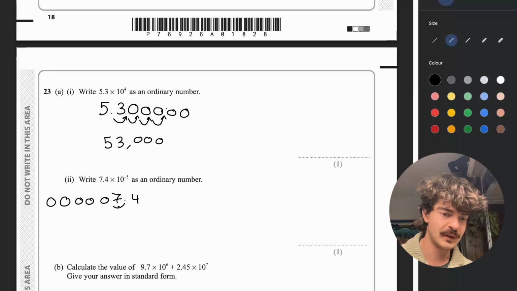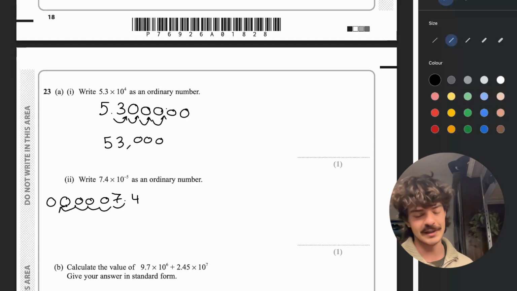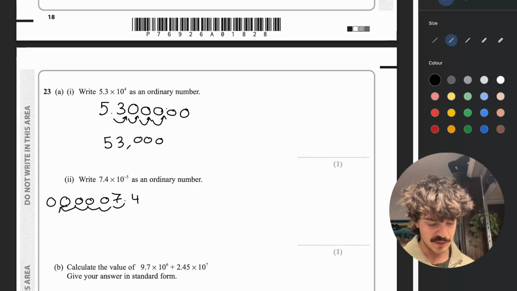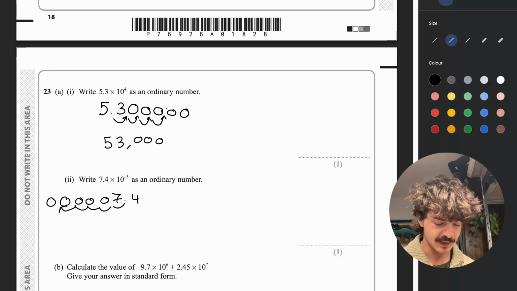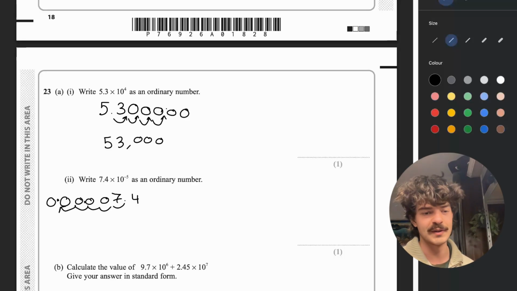So 1, 2, 3, 4, 5. There we go. Cool, and you can always check these on a calculator as well. 7.4 times 10 to the minus 5. Sometimes they might have an engineering button on them. But you'll want to be very, very careful that these are all correct. There you go. So 0.00074 would be our answer here.